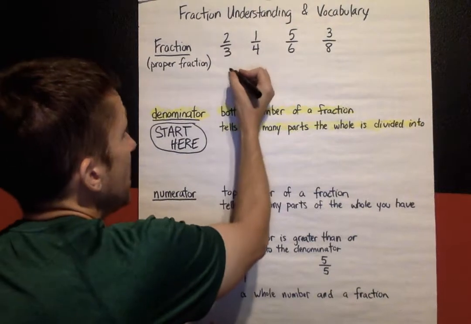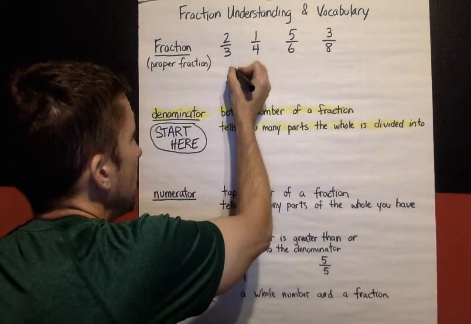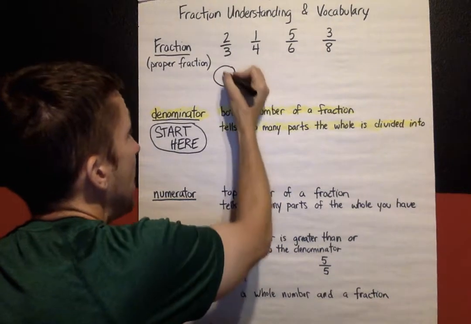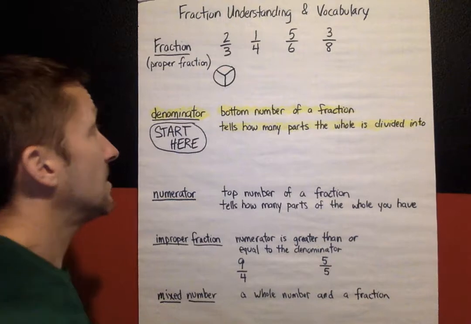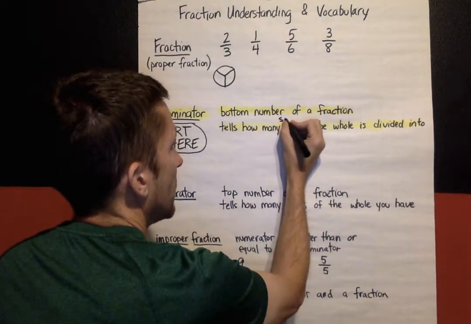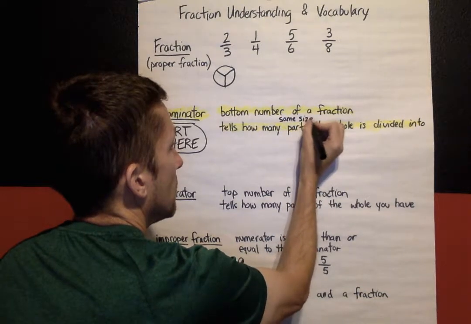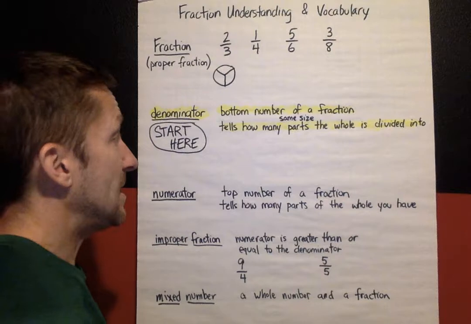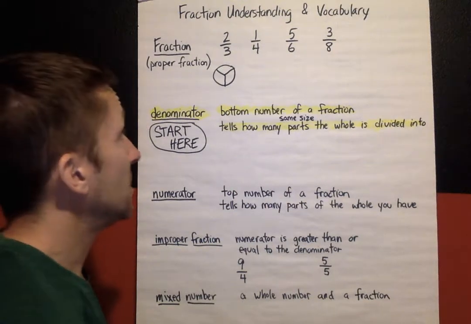If I have a pizza, there are 3 slices, and the parts should be the same size or as close as you can get to making them the same size.